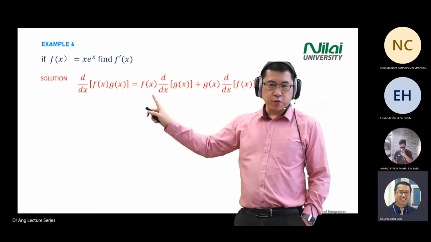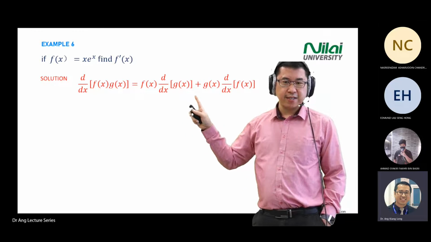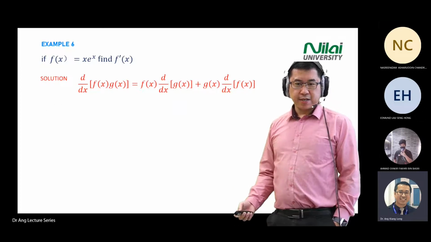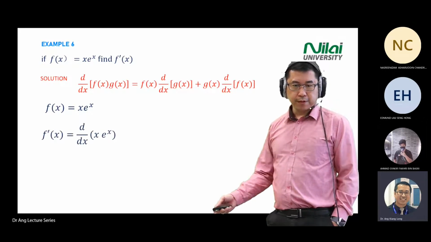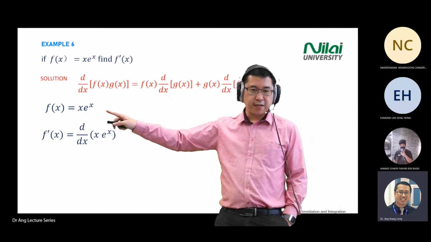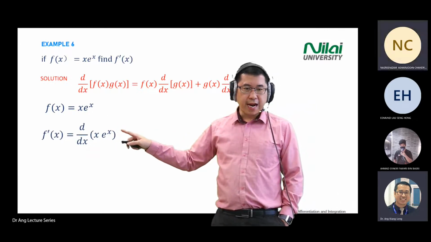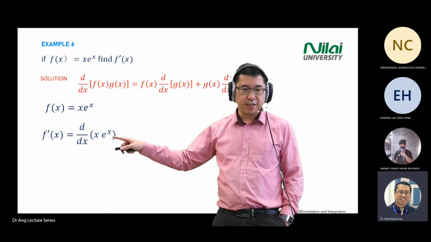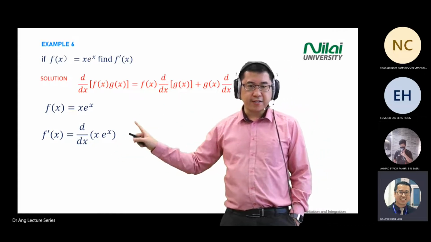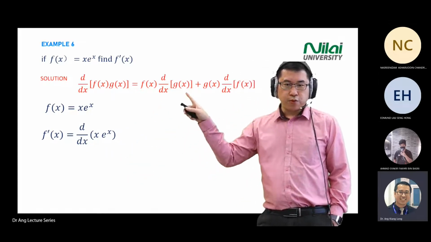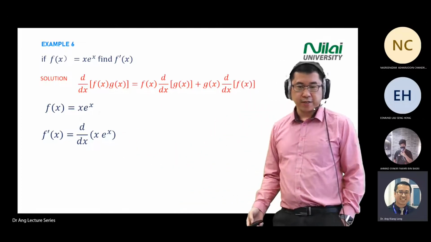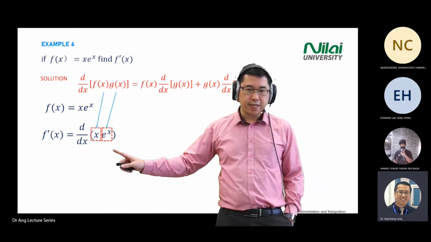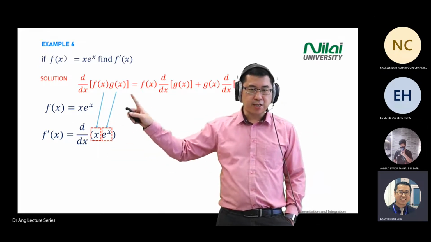You put f(x) equal to x, and then you differentiate e power x. You do one more set for g(x), multiplied by d of x. Let's see if you're able to do it. You write the function given. On the second line, you write f prime, which means dy/dx or d over dx of the function. You compare this function side by side, then modify the equation according to the question. This is what Nizam told us just now: f(x) equals x, g(x) equals e power x.